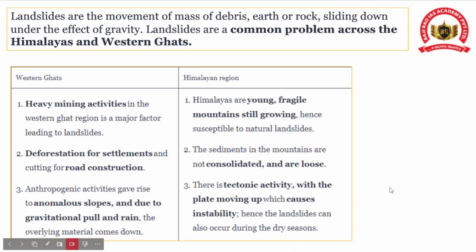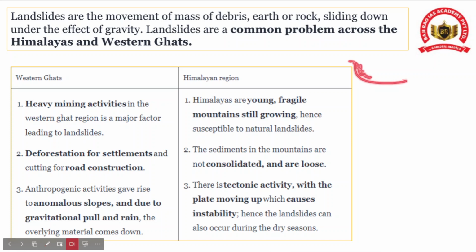Firstly, you need to define what a landslide is. Landslides are a movement of a mass of debris. For example, this is a mountain slope, and across this slope there is a sudden release of debris.